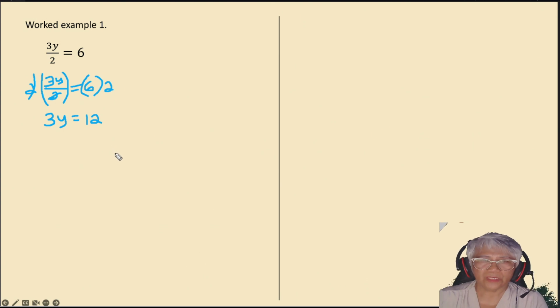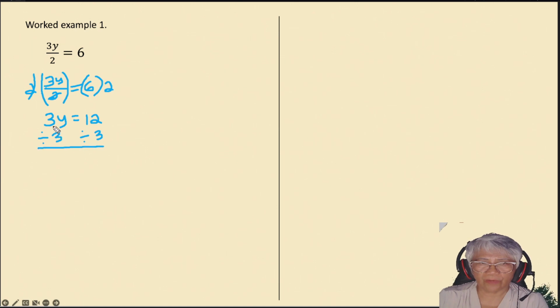The next thing we're going to do is to get rid of the 3. Since this is multiplication, we'll use the inverse. So we're going to divide by 3 and divide that by 3.